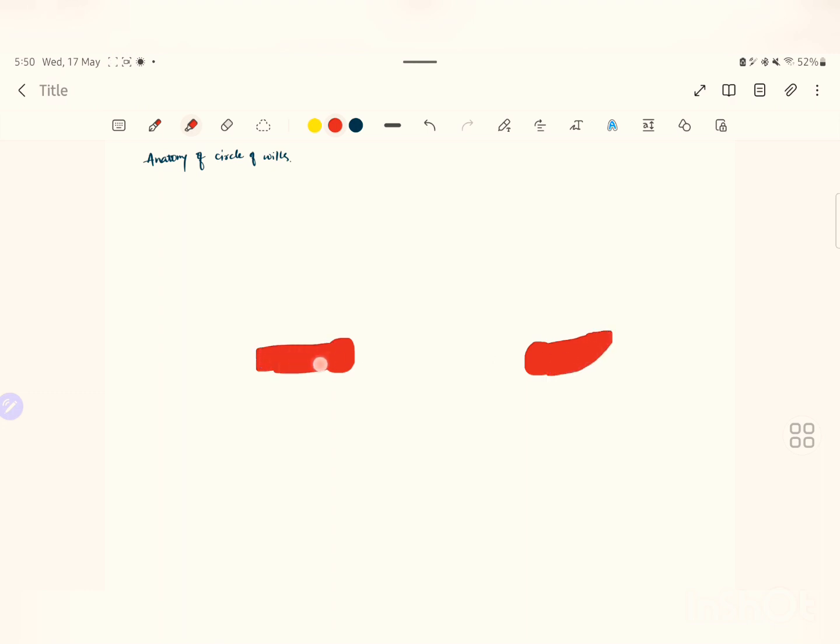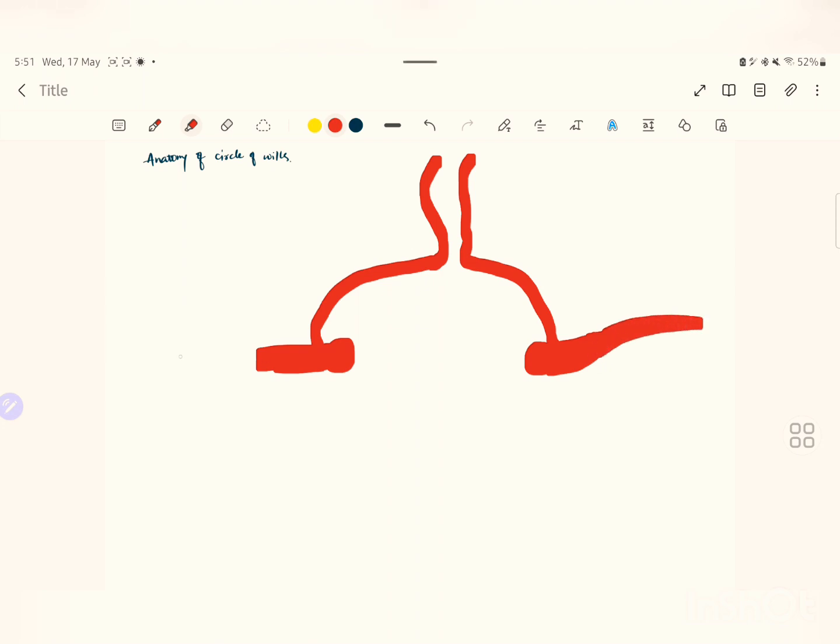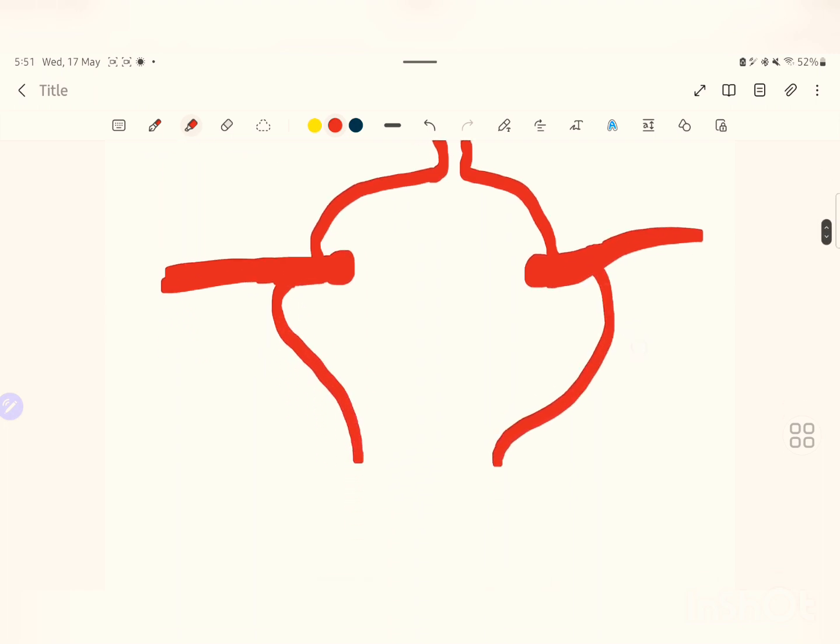Its two branches, that is anterior cerebral artery, left and right, then middle cerebral artery, these are the bilateral middle cerebral artery, then left and right posterior communicating artery, these are the bilateral posterior cerebral artery to which posterior communicating artery joins.